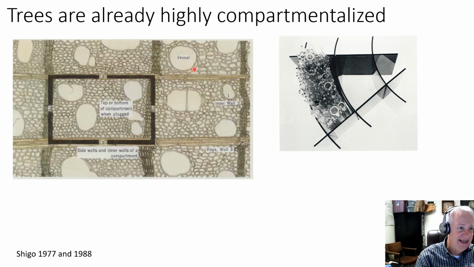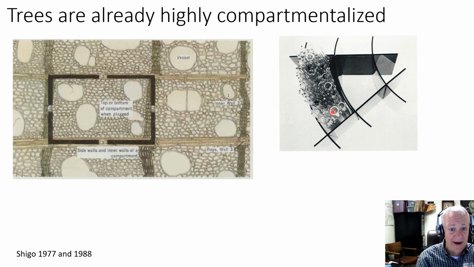What you can see is that we already have boxes that separate different compartments of vessel elements, which are one of the things that are being protected in defense responsive trees. And those boxes are formed by the growth ring barriers and the rays as barriers.